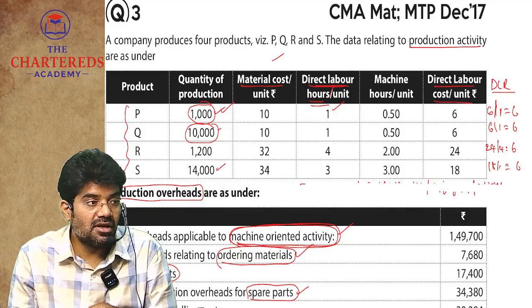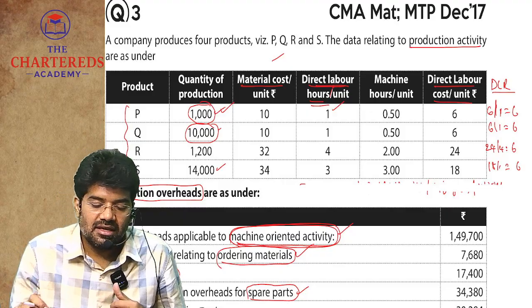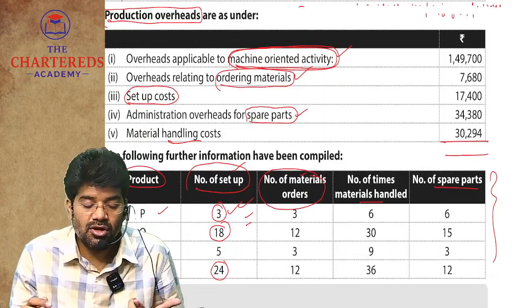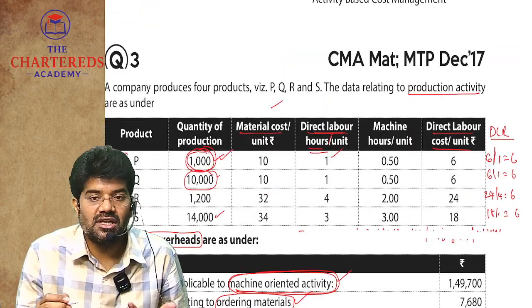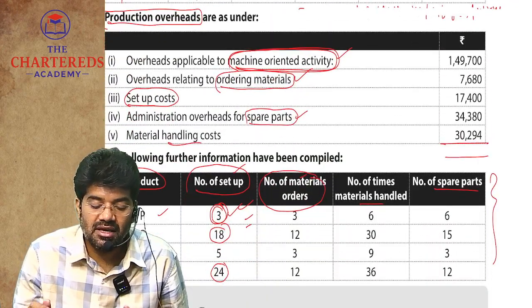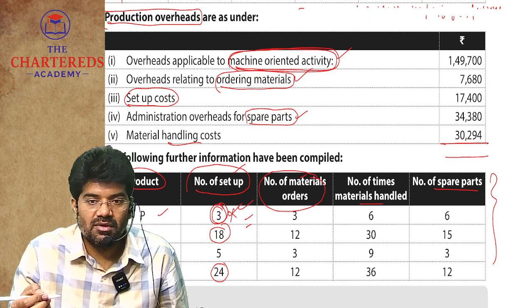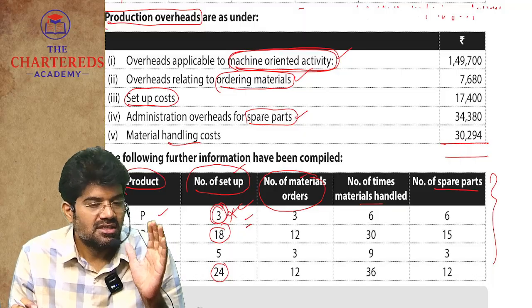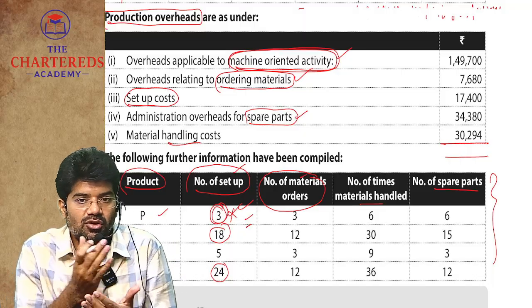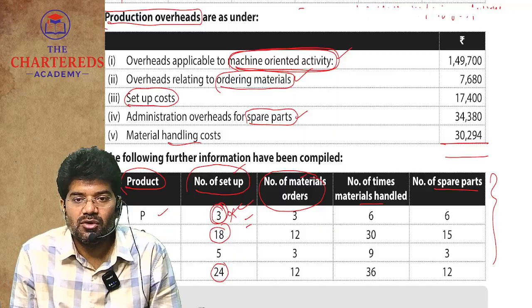But per unit doesn't come directly. Earlier when I was explaining, I told you that these 3 setups are required for the entire 1000 units. So when I multiply 3 into the rate, whatever we get is for 1000 units. If I want per unit, I should divide it by the number of units.